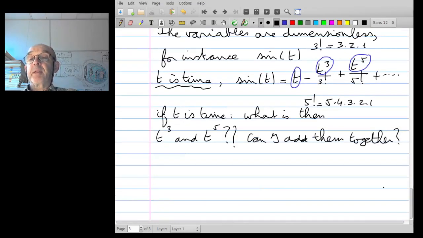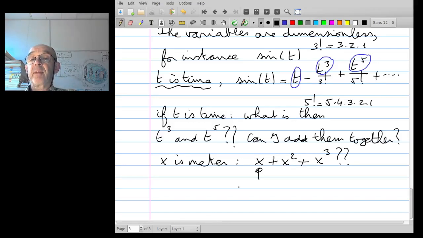Or if you think x is meter, what is then x squared, and what is then this here?